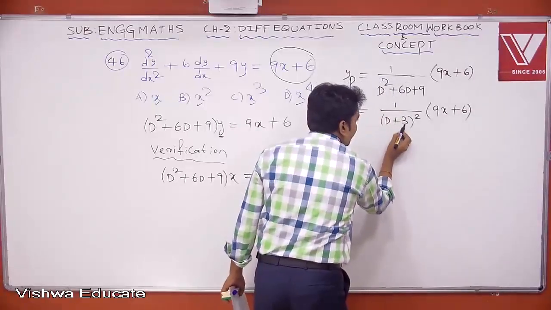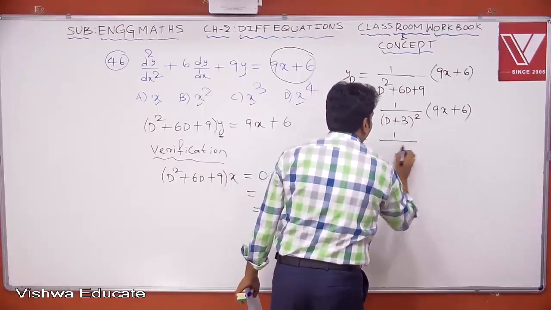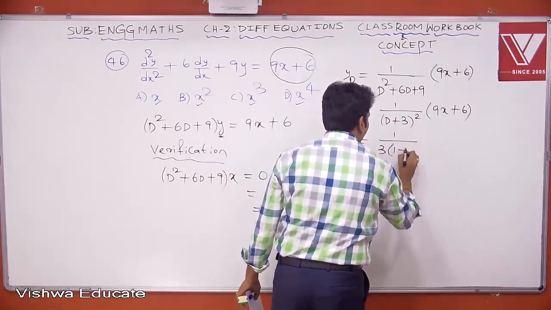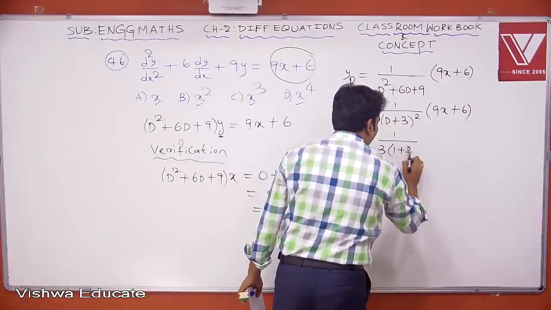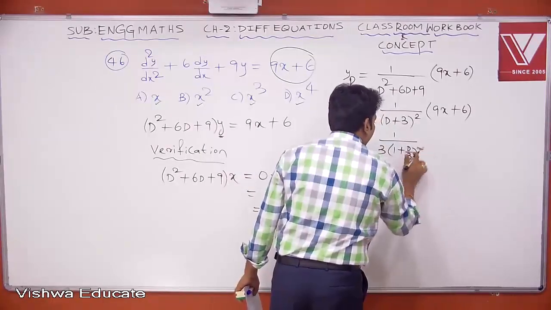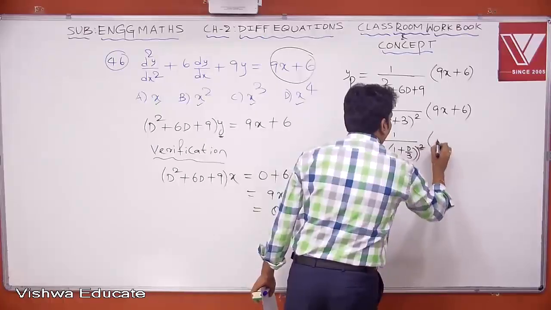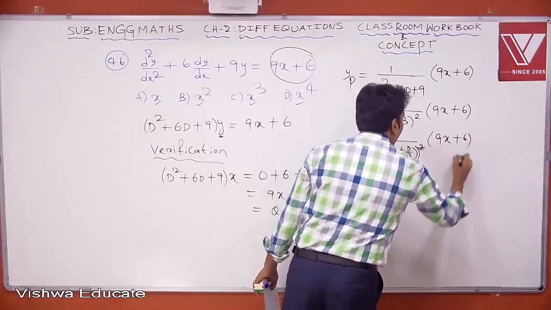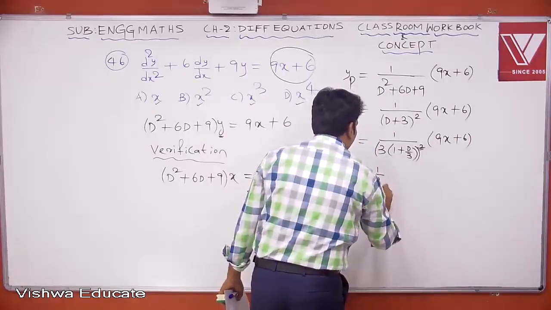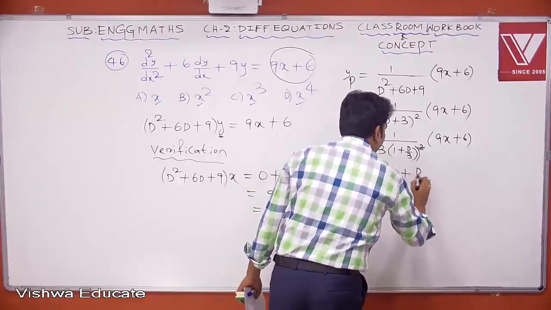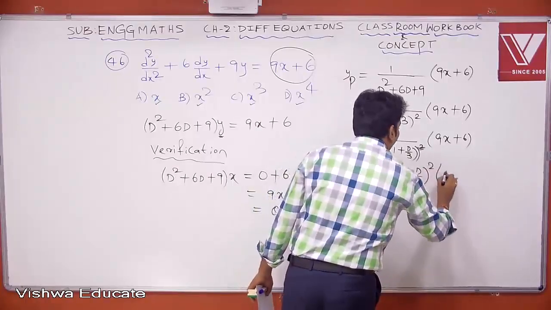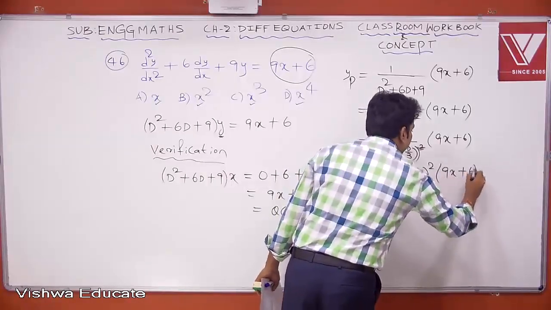Now here the least degree term is 3. When you take 3 common, this is 1 by 3 into 1 plus D by 3 whole square of 9x plus 6. Now therefore this is 1 by 9 into 1 plus D by 3 whole square of 9x plus 6.